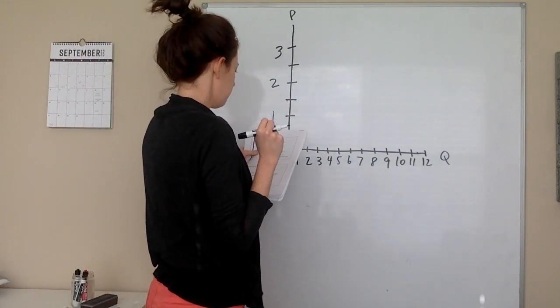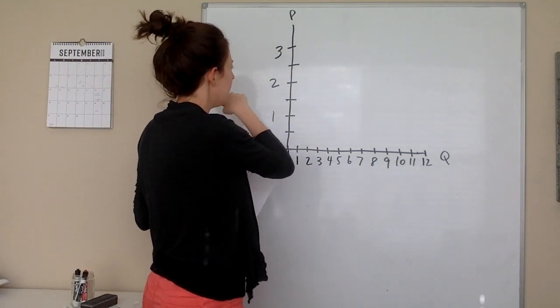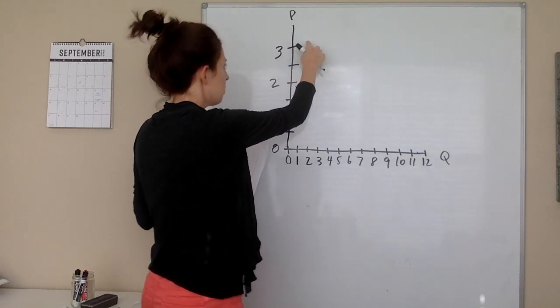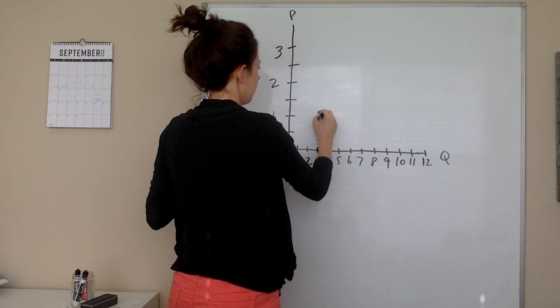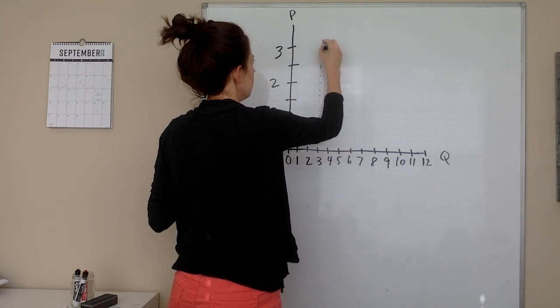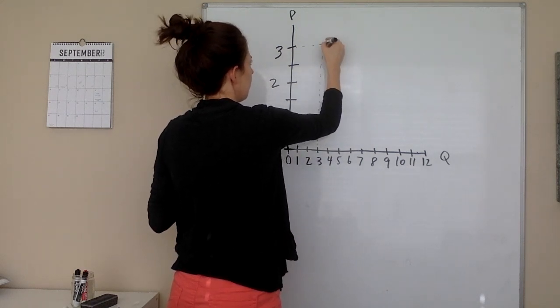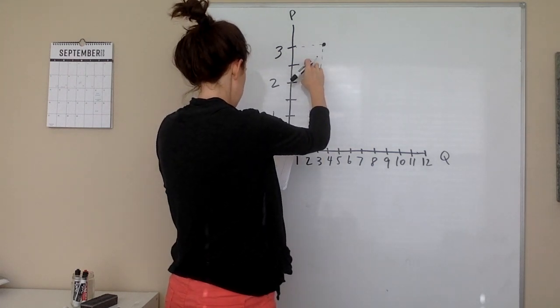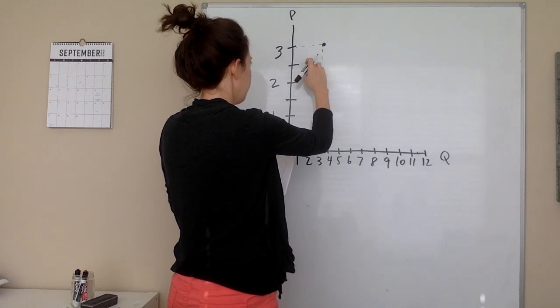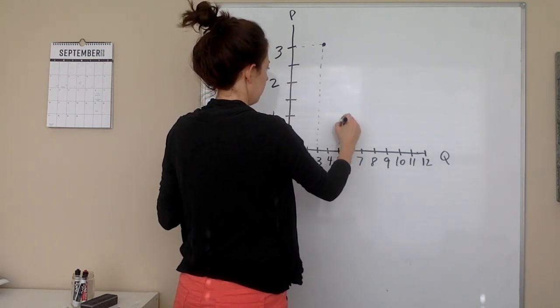Okay, so the numbers that we had, we'll start with the demand. On the demand side, if the price was $3, then there were 3 units demanded in the market. So at 3, we're going to have a coordinate. If the price was $2.50, then there were 5 units demanded in the market.